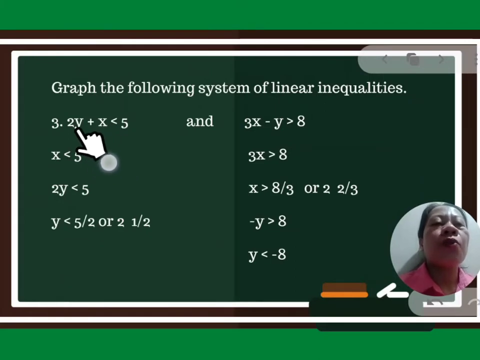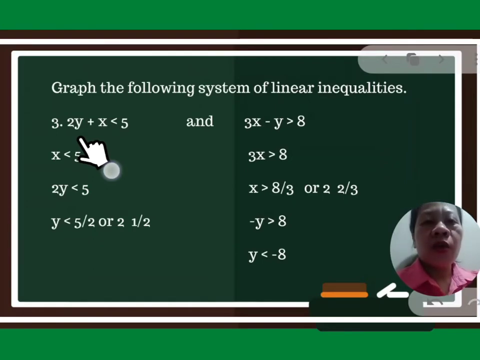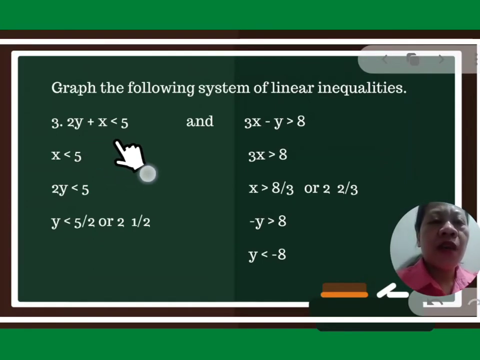Yun nga lang, yung y ay nauna lang pagkasulat dito. So, kailangan nating i-solve yung x and y intercepts dito para yun po ang basis natin para ma-graph natin ng maayos para alam natin saan dadaan sa may x-axis at sa y-axis yung dalawang lines. Okay, either broken or bold lines.